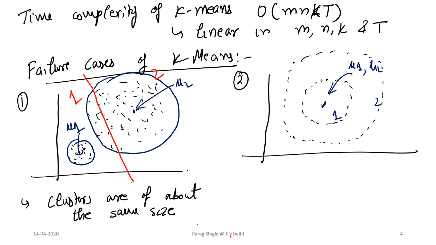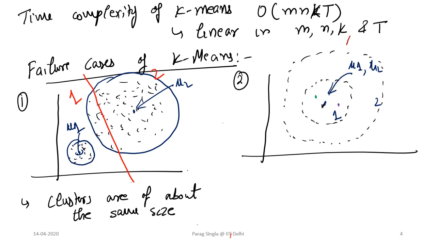And in general, given this set of points, if I start with, let's say, some mu1 and mu2, say mu1 is here and mu2 is here, so these are my starting centroids, then k-means will eventually converge to something like that. Let me draw it again.